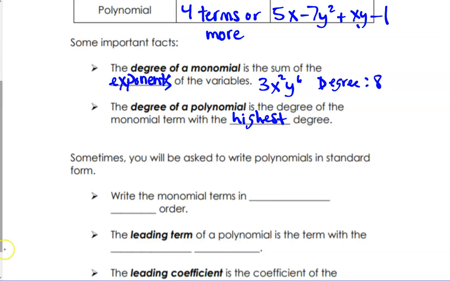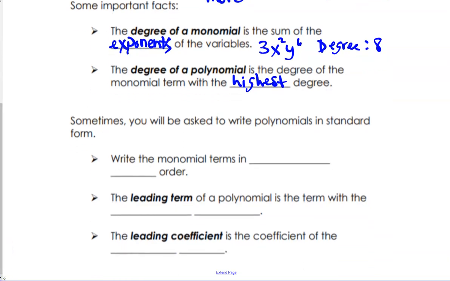Sometimes you'll be asked to write polynomials in standard form. When you do that, you put the monomial terms in descending degree order. So you start with your highest degree and you work your way down. The leading term of a polynomial is the term with the highest exponent.